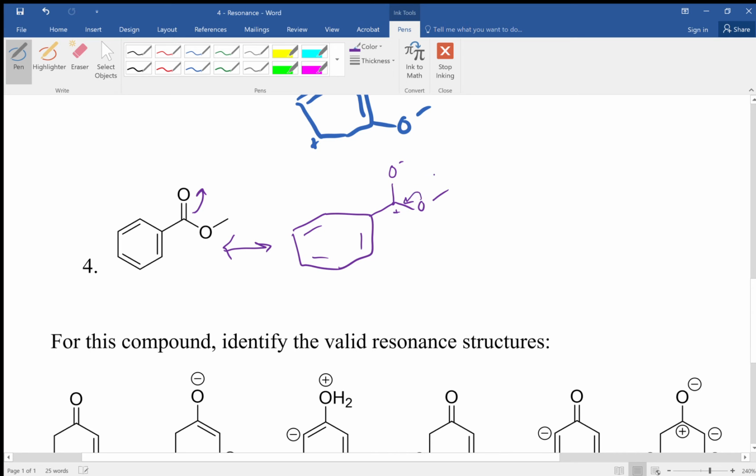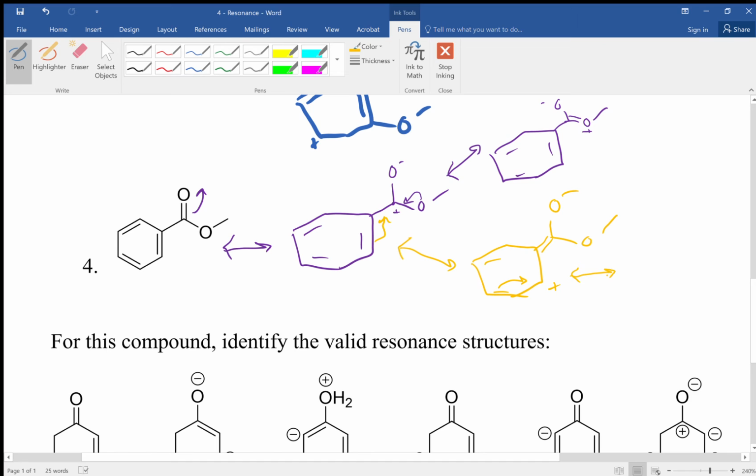We can add in the lone pair from this oxygen, just as we saw in number 3, or we can use the double bonds from the aromatic ring. And as we did in the first example, we can just continue to move around the aromatic ring by moving the next double bond over to where the positive charge is.